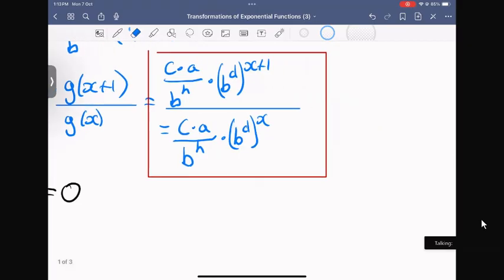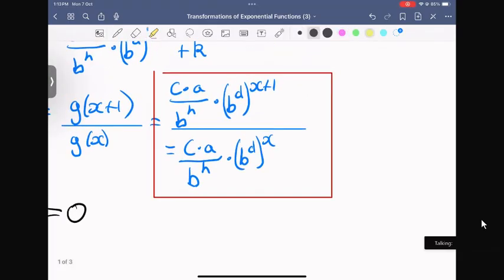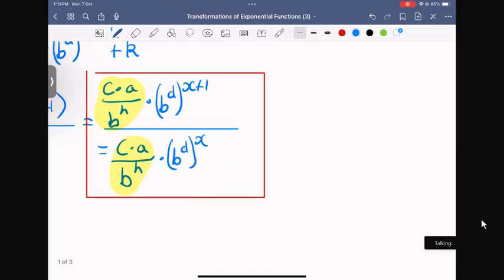If we wish to simplify this, we can see that we have a constant here at the front. So this term here is a constant, and this term here is a constant. There's no x in it, so it's just going to be a constant. And constant divided by a constant will cancel. So that will give us b to the d to the x plus 1 over b to the d to the x.